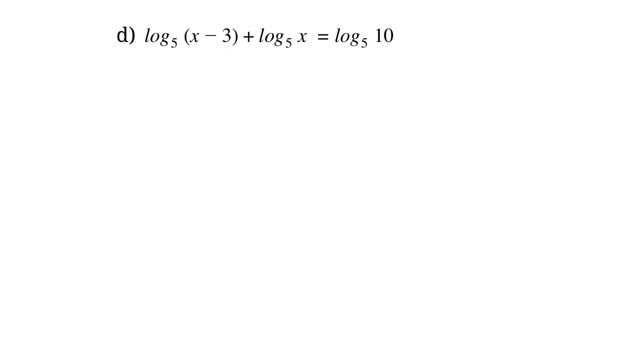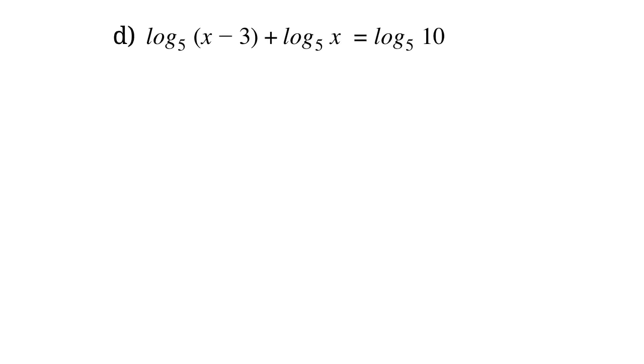One way that we can do it is we can just combine these two logs on the right. Remember what one of our laws of logs was, or our logarithm rules, was that when you have two logs being added with the same base, we can combine what's inside the log, right? We can basically just multiply those things. So this is like saying log base 5 of x minus 3 times x, right?